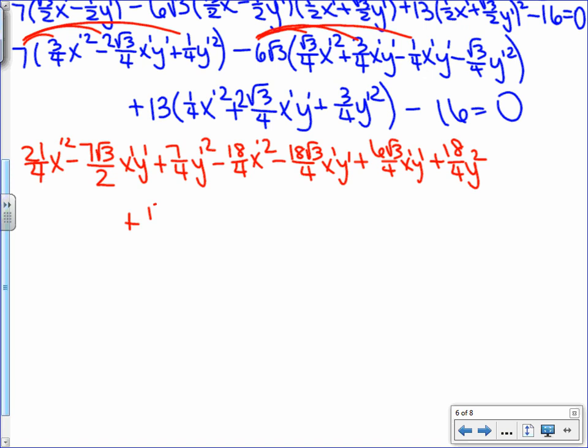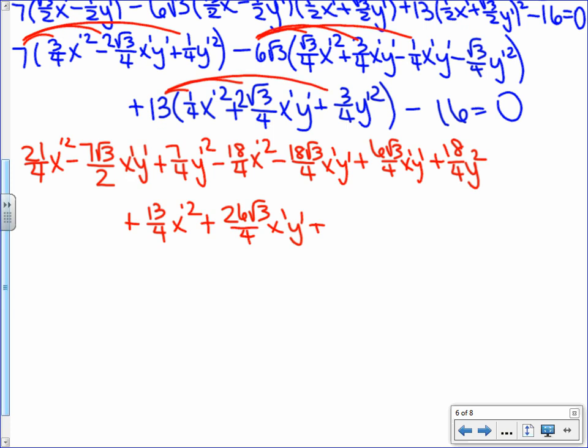Plus 13 fourths x prime squared plus, what does this become? And then 13 times 3 over 4 would be minus 16 equals 0.